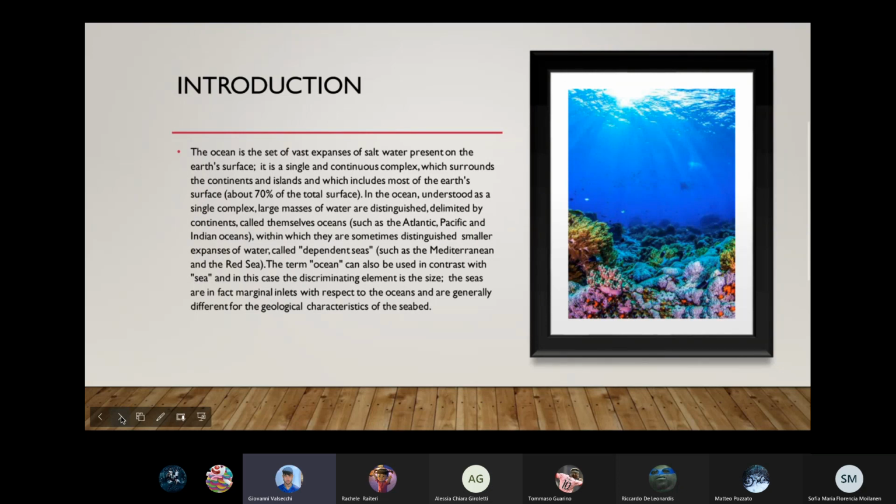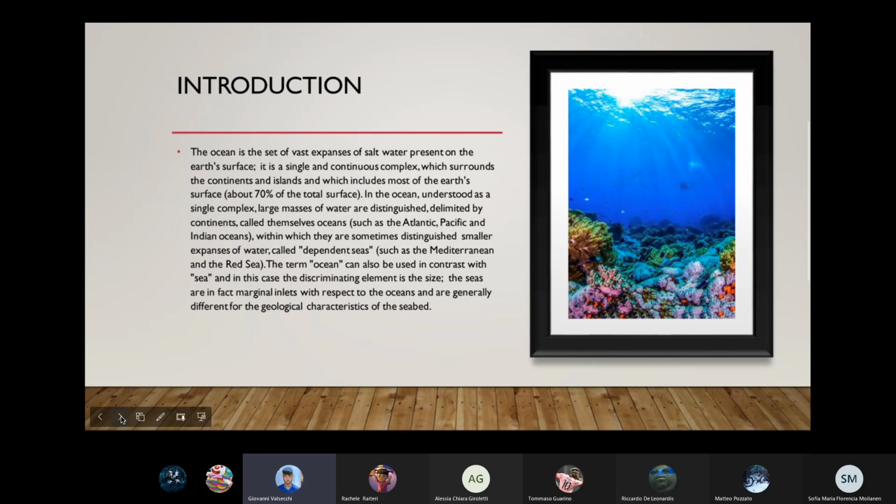The ocean is understood as a single complex of large masses of water, and those delimited by continents are called oceans themselves, such as the Atlantic, Pacific, and Indian Oceans, within which there are sometimes smaller expanses of water called dependencies, such as the Mediterranean and the Red Sea.